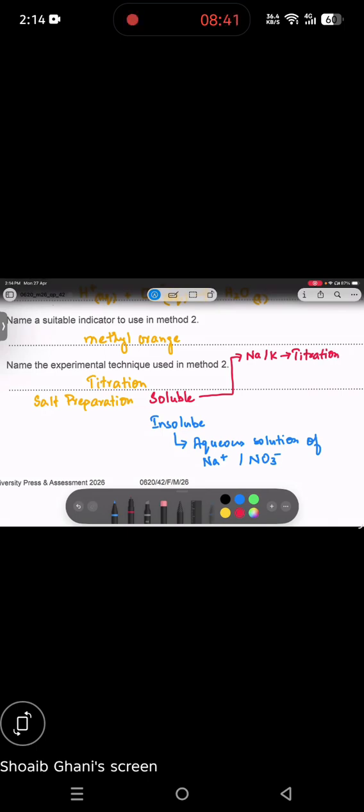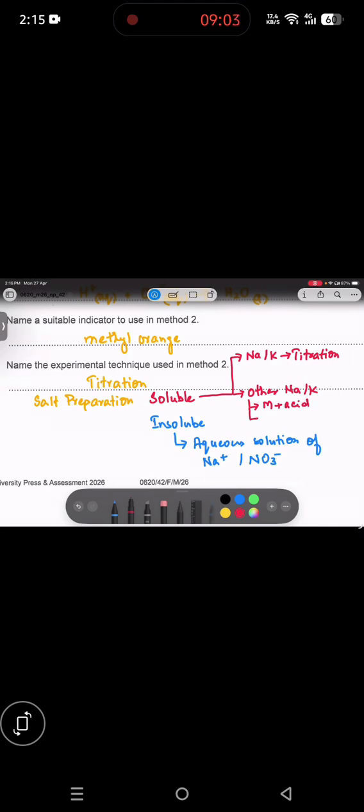And if the salts are other than sodium and potassium, then you are going to use one of these methods. One method is a metal plus an acid.